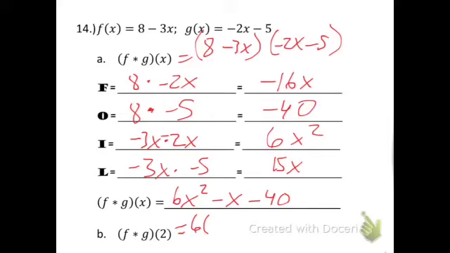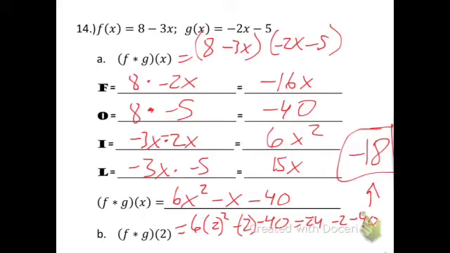You're going to get 6 times 2 squared minus 2 minus 40. 2 squared is 4. 6 times 4 is 24. You subtract 2 and subtract 40, and you're going to get the wonderful answer of negative 18. Ta-da!